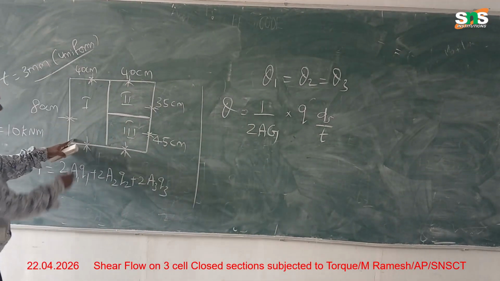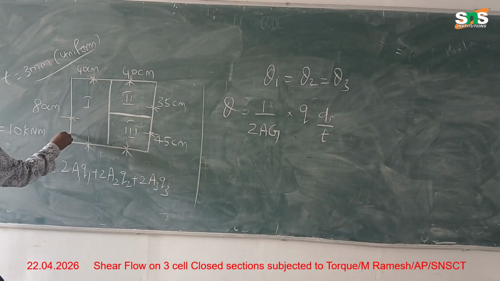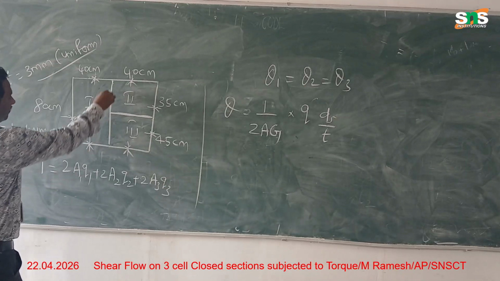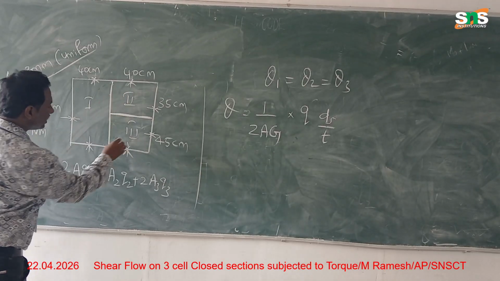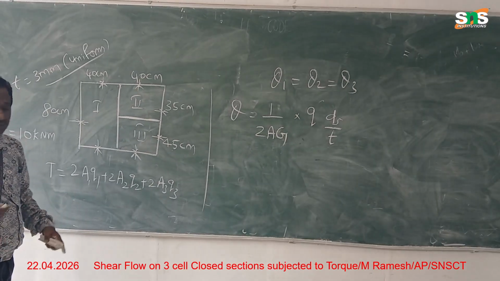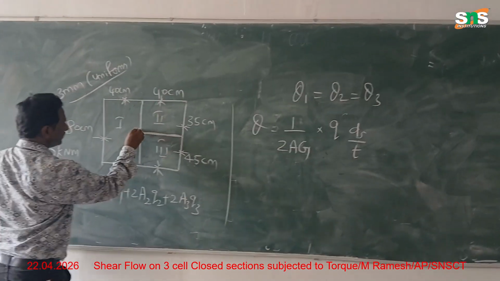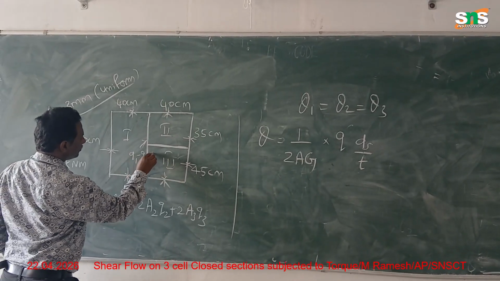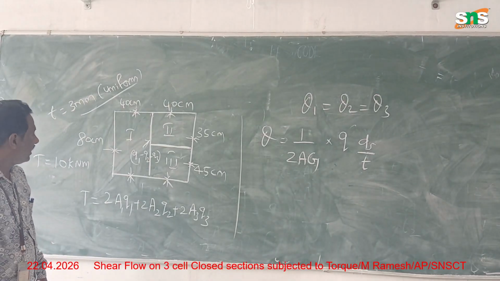When you look at this problem, the first cell contains Q1 alone here, Q1 alone here, and Q1 alone here. But in this region, Q1 and Q2, Q3 will also be there. So in this region it is Q1 minus Q2 minus Q3, this much shear flow.